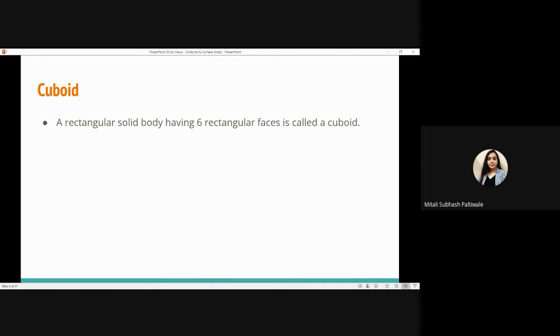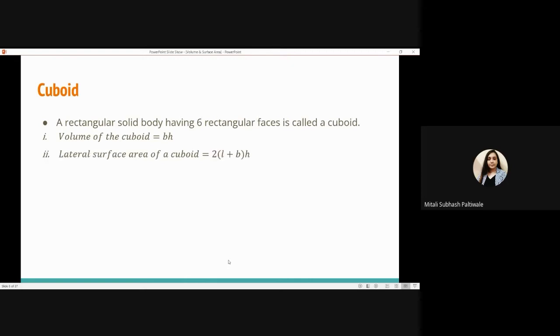So the volume of a cuboid would be l into b into h, that is length into breadth into height.